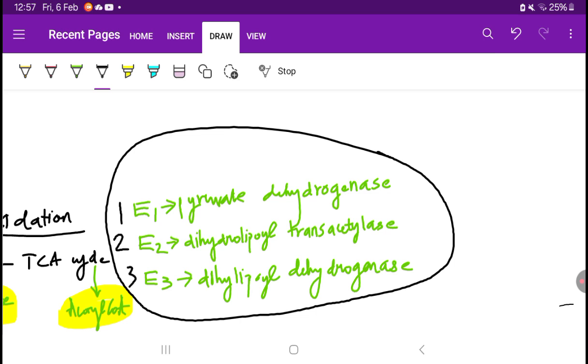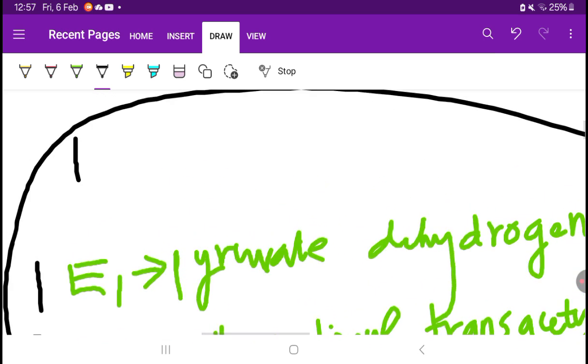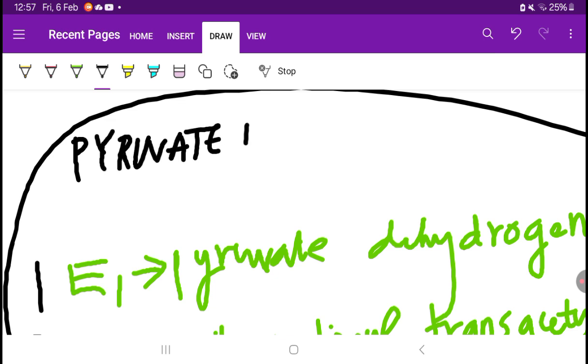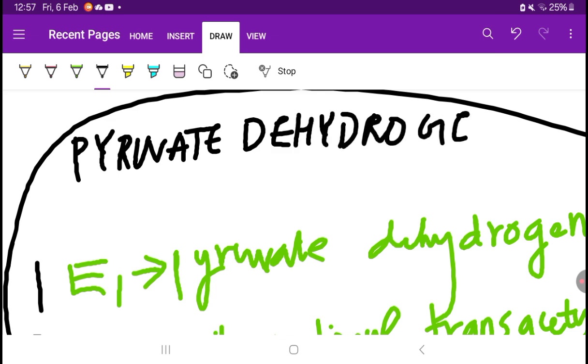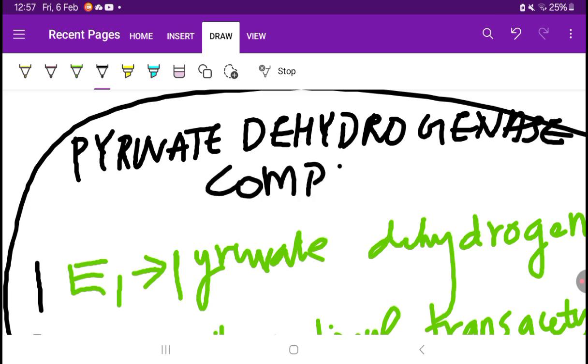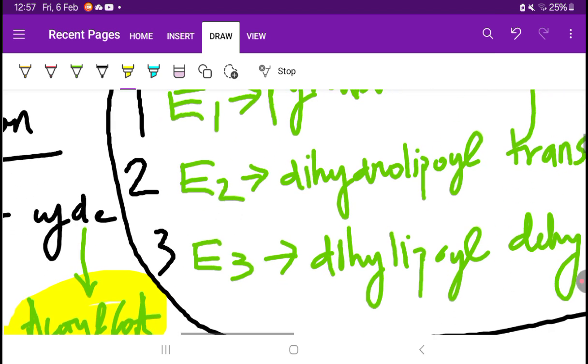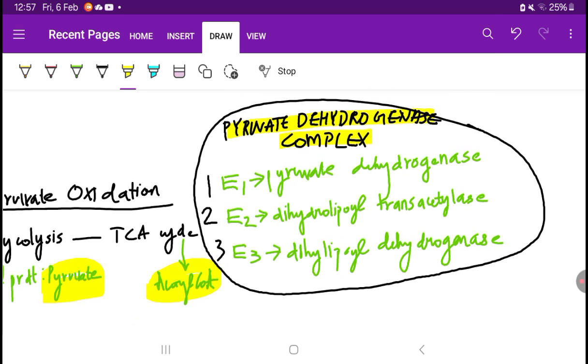And this enzyme complex is called pyruvate dehydrogenase complex. You have three subunits: E1, E2, E3. E1 is pyruvate dehydrogenase, E2 is dihydrolipoyl transacetylase, and E3 is dihydrolipoyl dehydrogenase.